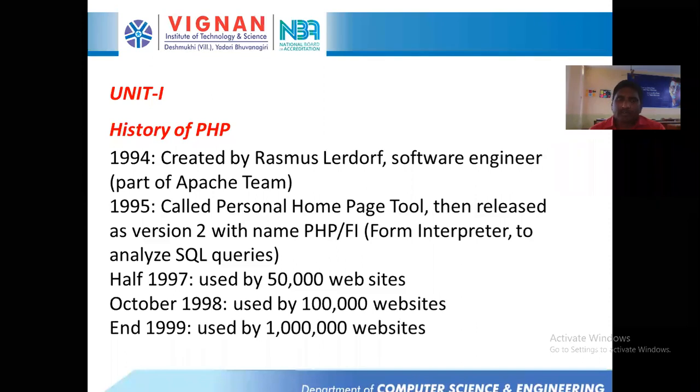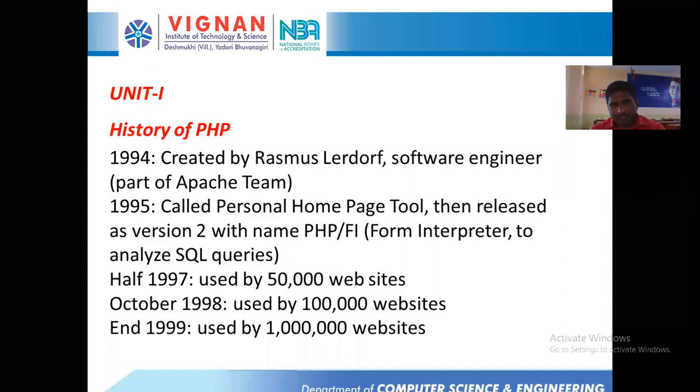Then it was released as version 2 with the name PHP/FI, Form Interpreter. Basically PHP is an interpreted language. I think you know very well what an interpreted language is: you don't need to compile the program, you just run it straight away, and it is executed statement by statement, line by line.